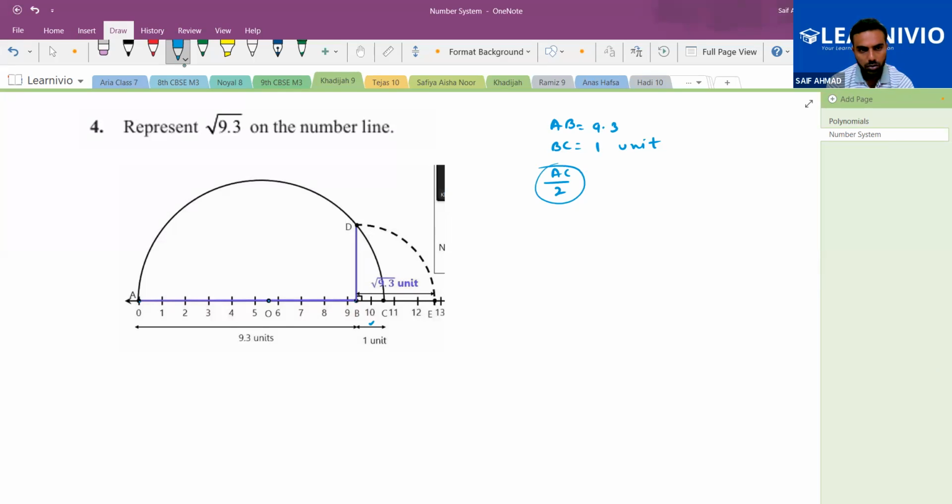O to A, taking OA as the radius and make a semicircle.